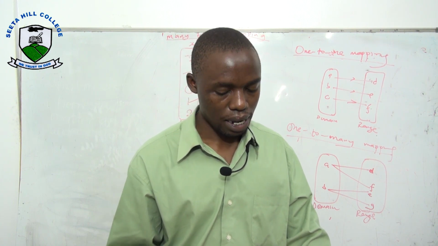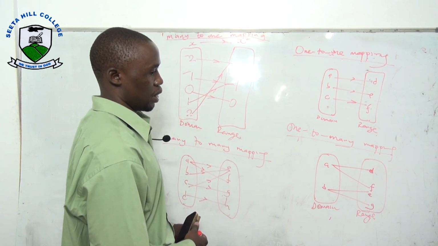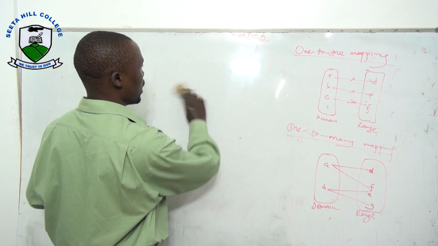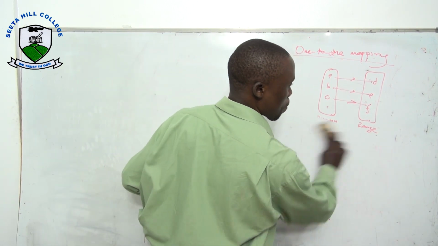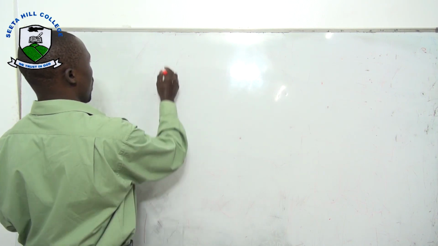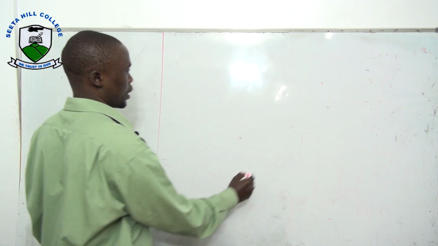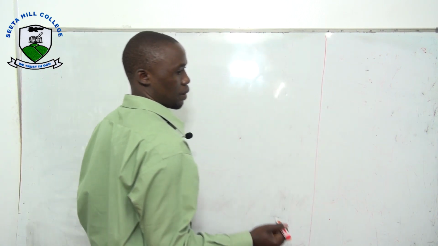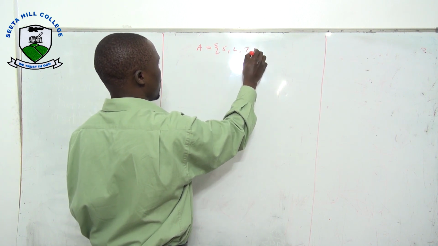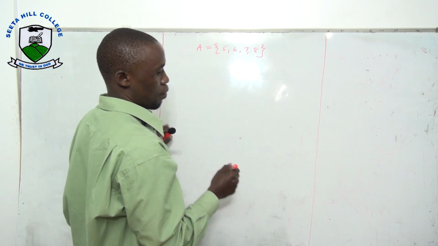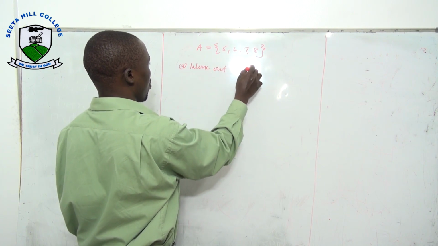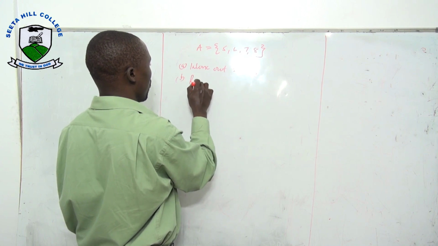If set A has the elements 5, 6, 7 and 8, part A, work out the elements for the range, set B. Then part B, represent the mapping on an arrow diagram. Then part C, state the type of mapping.